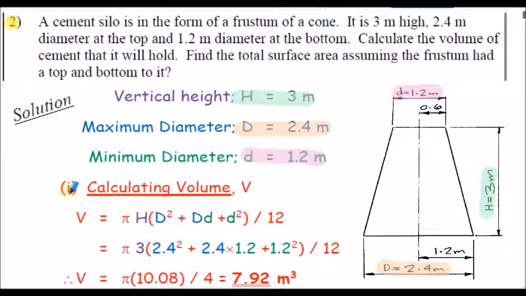Part 1, I'm calculating the volume V. Here's our volume formula that's been given on the previous slide. Inserting the values from above for the height, here's the maximum diameter, uppercase D, and the minimum diameter, lowercase d. So evaluating, the volume is 7.92 meters cubed.